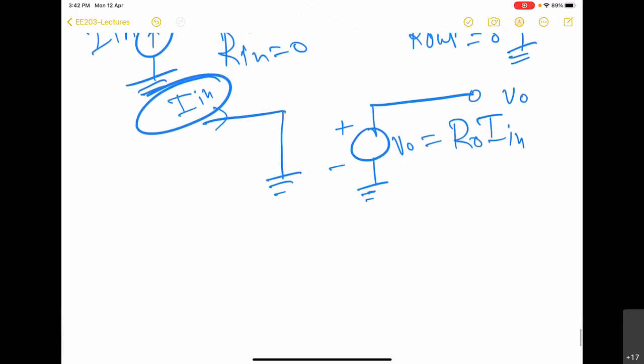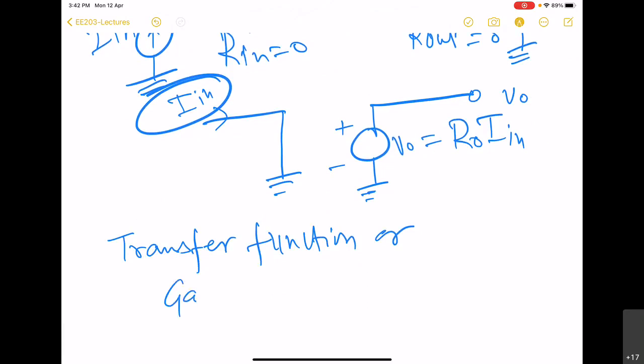So here the transfer function or gain is going to be VO divided by I in.